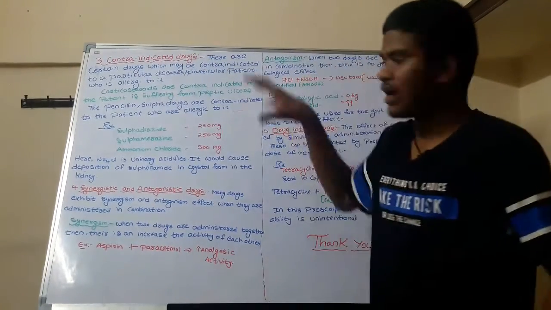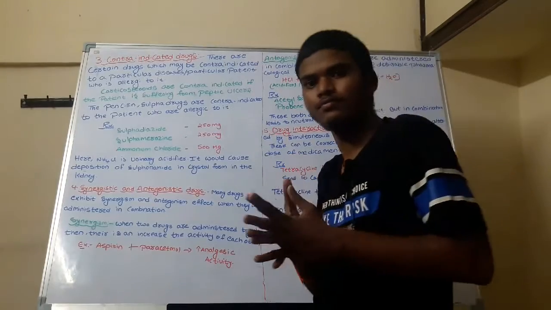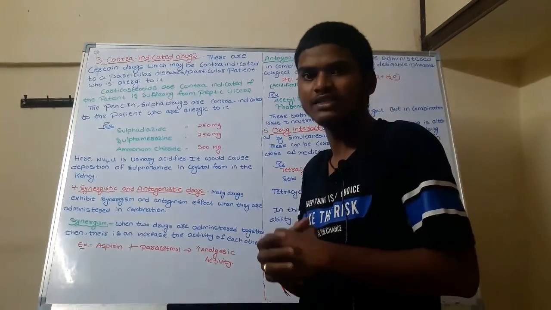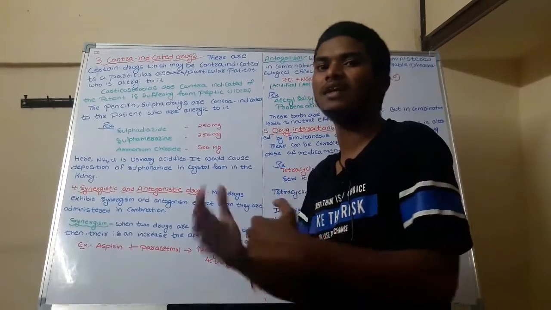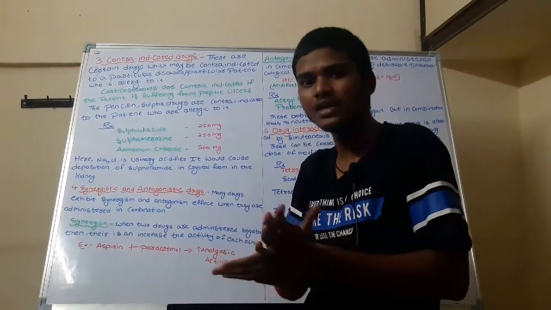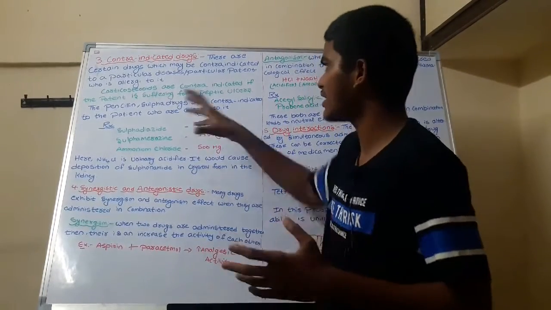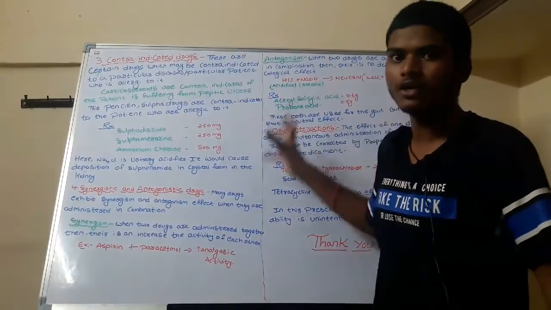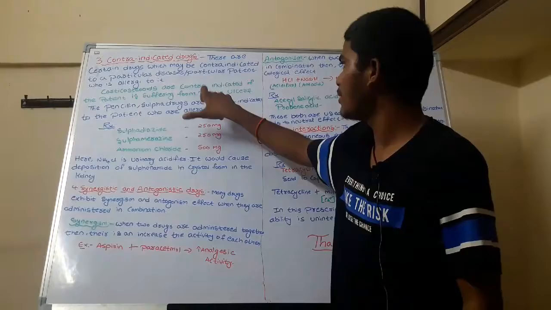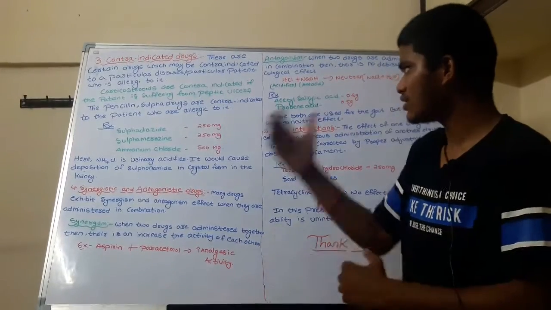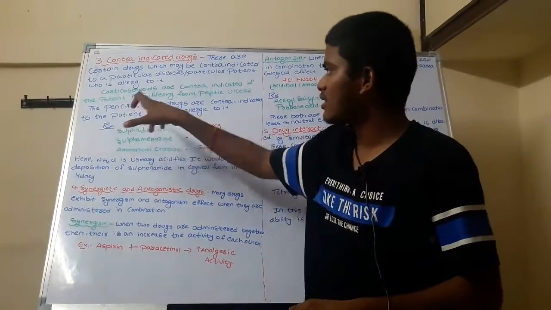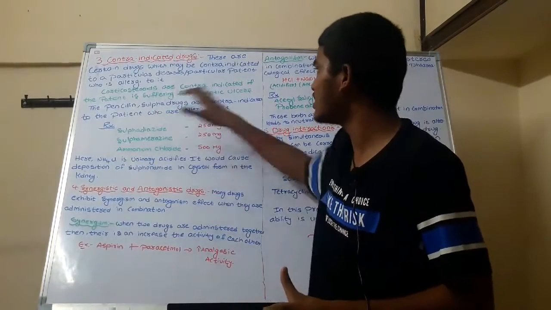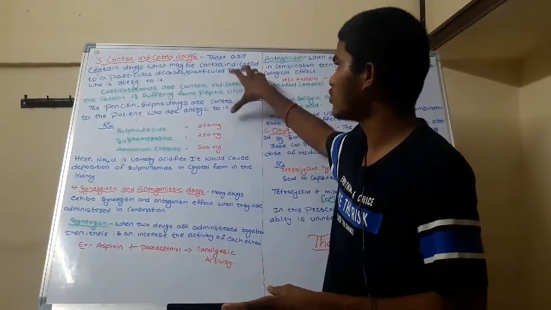For example, corticosteroids are contraindicated to a patient suffering from peptic ulcer disease. And second, penicillin and sulfa drugs are contraindicated to a patient who is allergic to them. These are the two conditions.